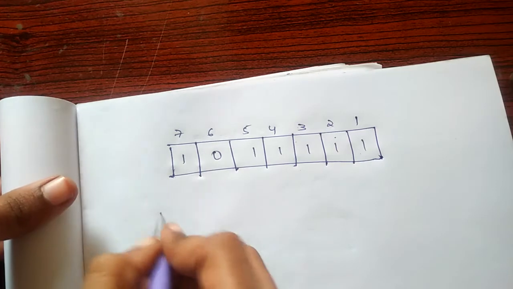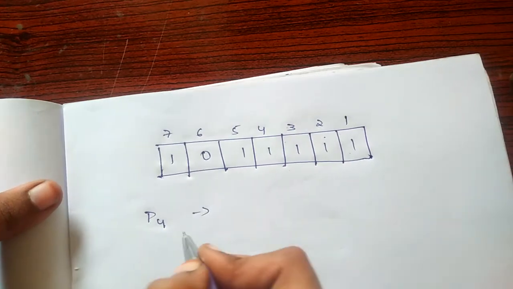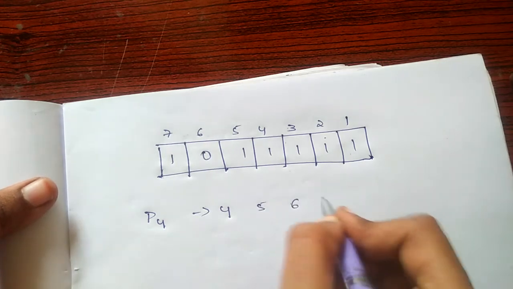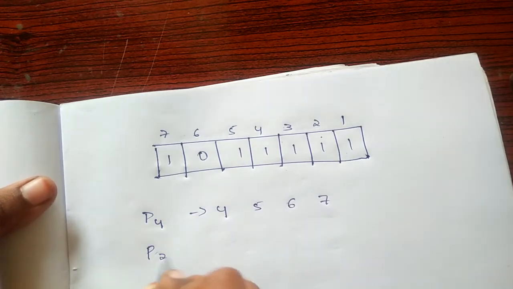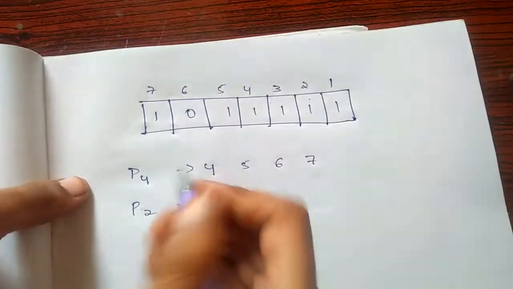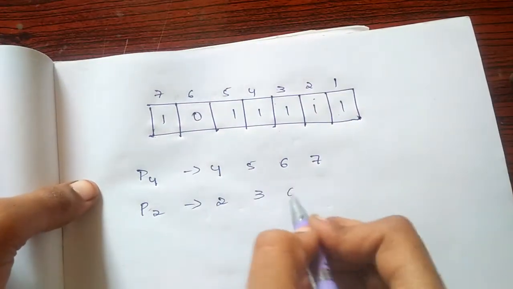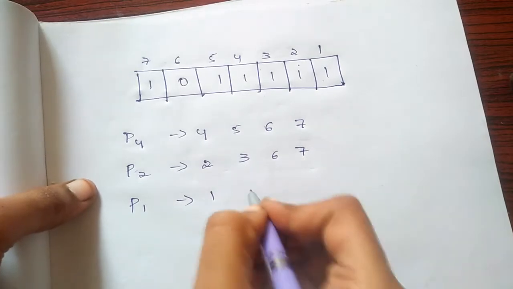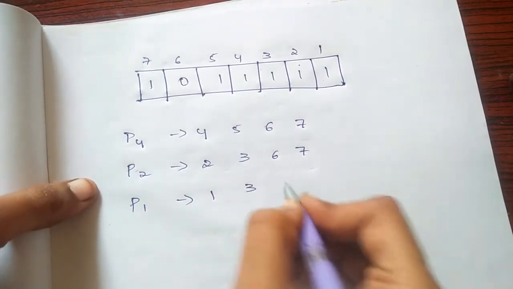I said that for P4, what are the positions that need to be checked? 4, 5, 6, 7. For P2, 2, 3, 6, 7. For P1, 1, 3, 5, 7. Yes, 1, 3, 5, 7.